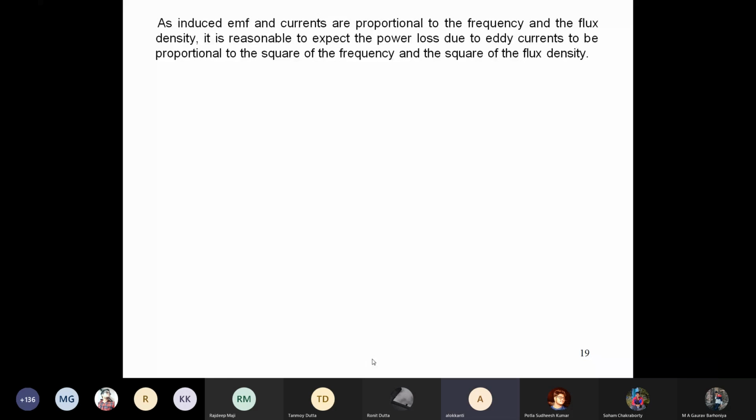It actually comes out of the derivation which we will omit in this class. So an empirical formula for the eddy current loss is given by this: P is equal to K_E f square B max whole square tau square V, which is in watts.